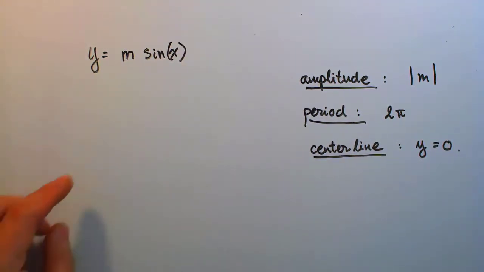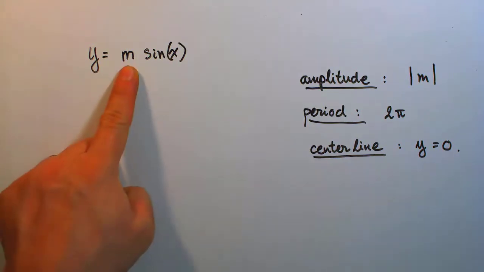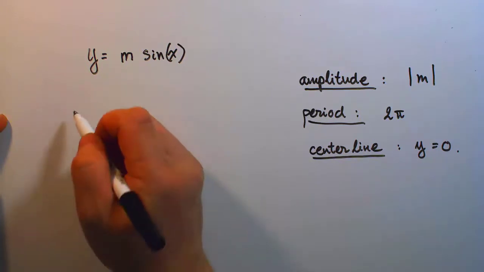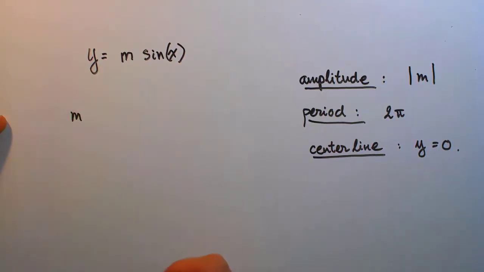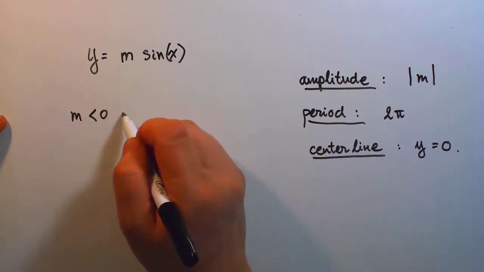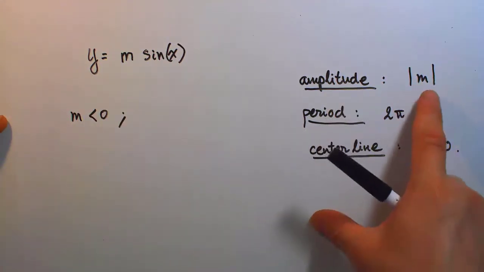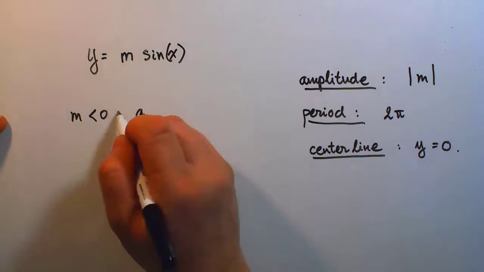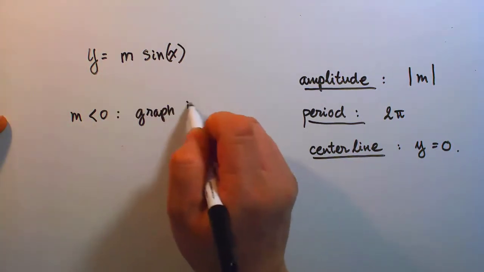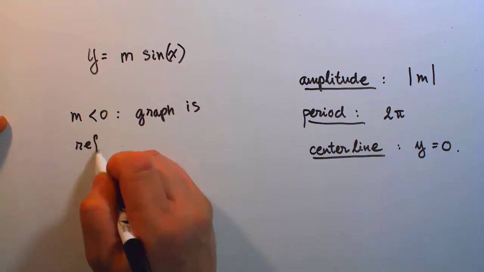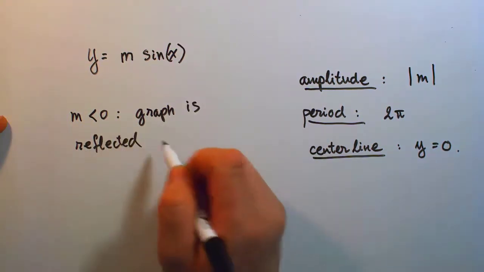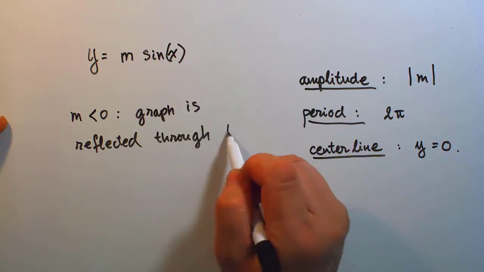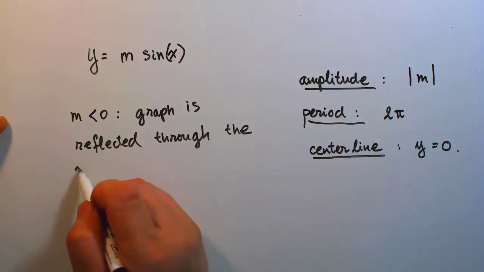And so now back to this general form, when we have a coefficient multiplied with our trig function sine of x, then as a further detail, when our coefficient m is specifically negative, besides having the amplitude be the absolute value of m, our graph is reflected through the x-axis.